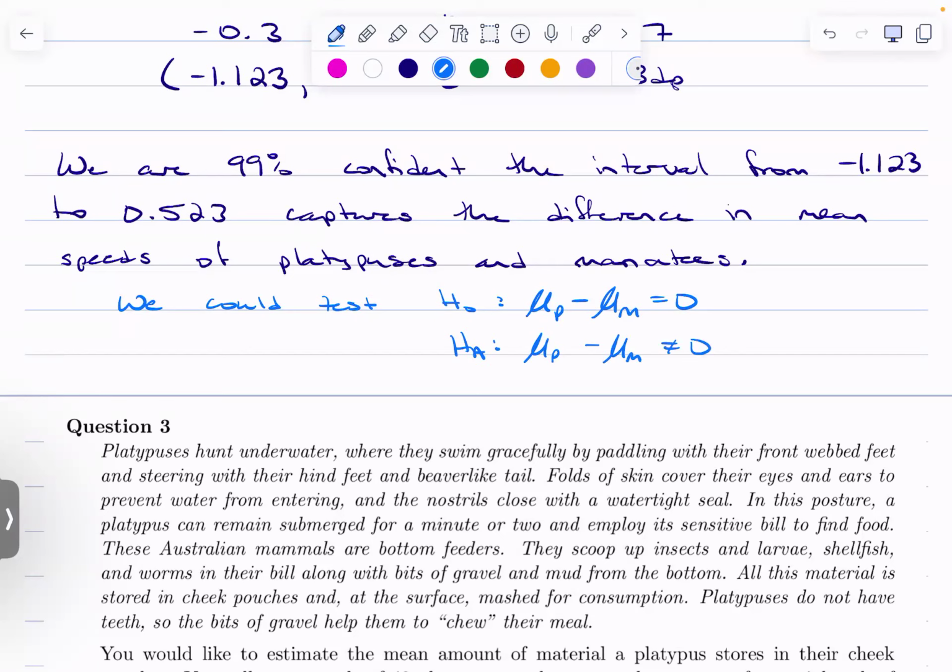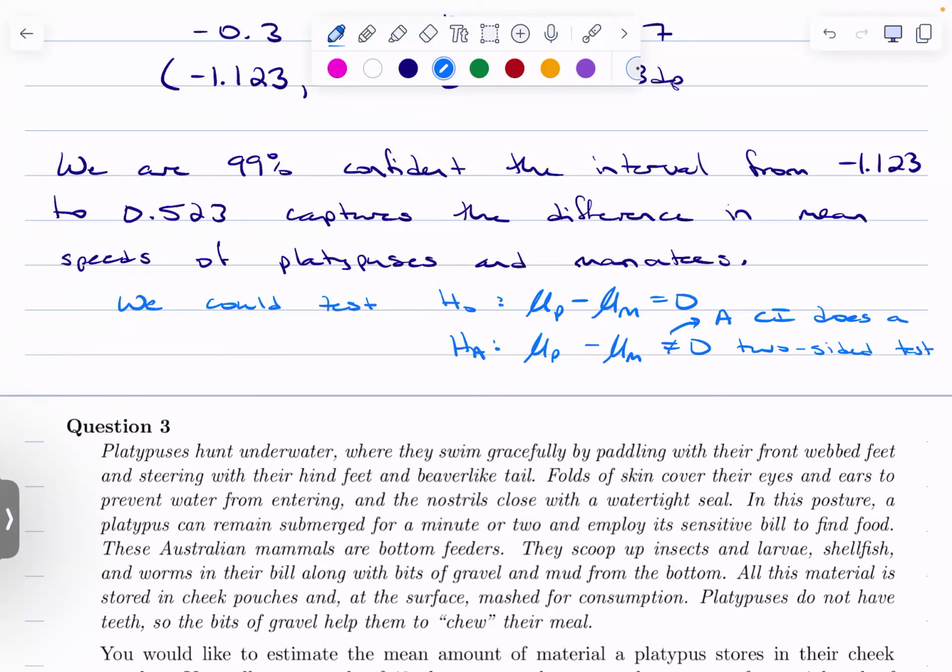Another reason to skip it, because a confidence interval does a two-sided test. But what you want to look for is if 0 is in the interval.